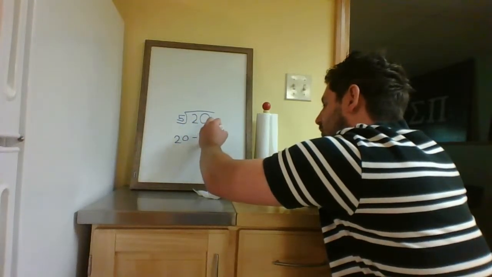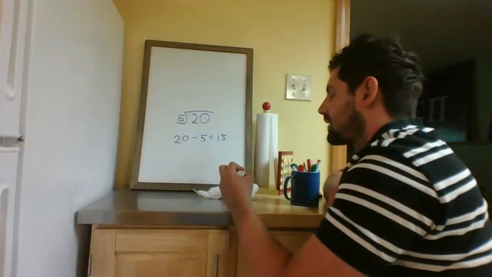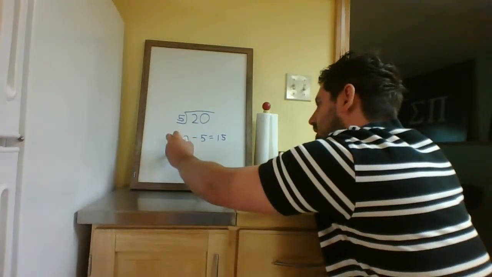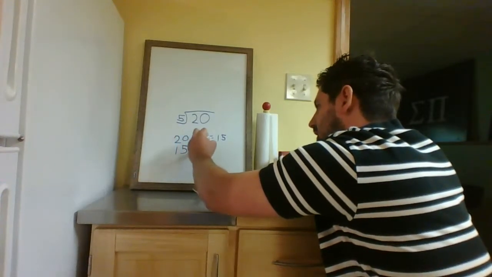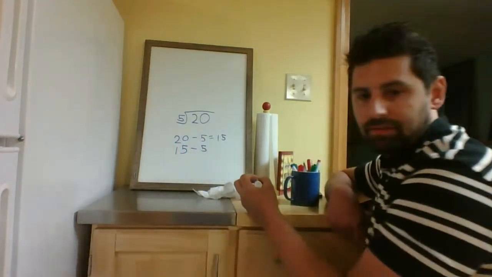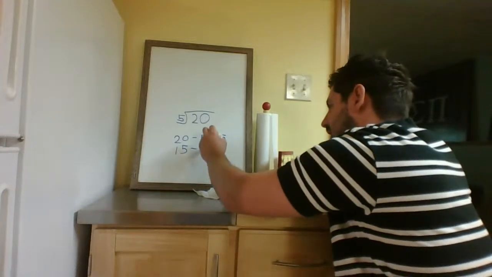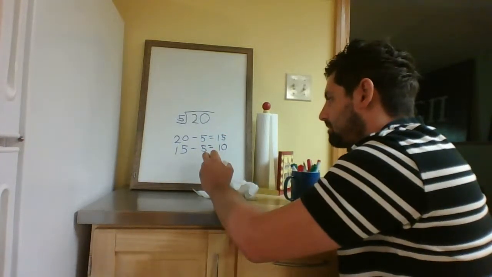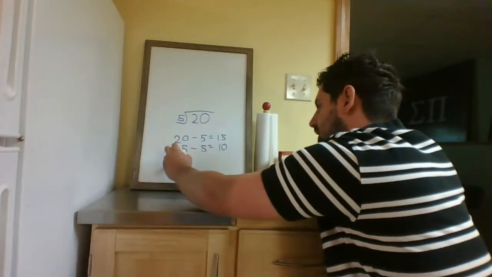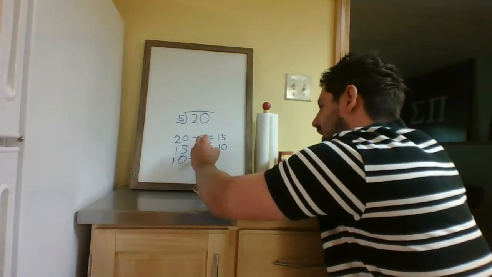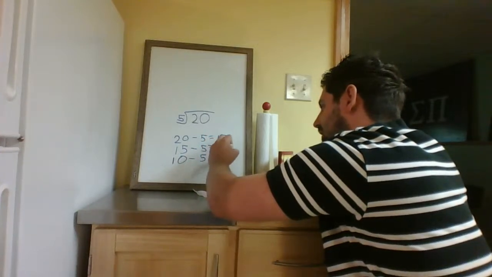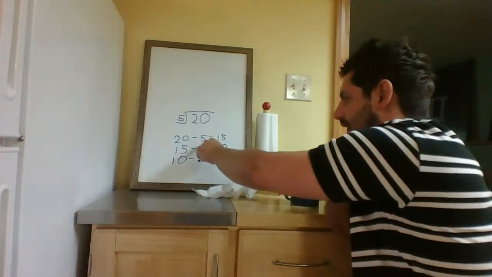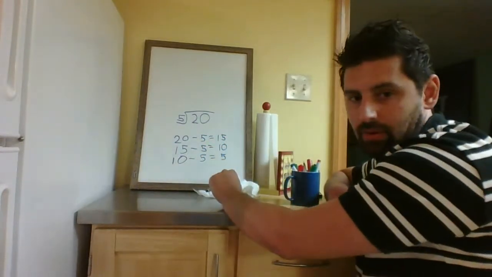20 minus 5 equals 15. So far that's one group of 5 that was subtracted. 15 minus 5 equals 10. 10 minus 5 equals 5. So far, look at how many times I've minus 5. 1, 2, 3. So far, I got 3 groups.